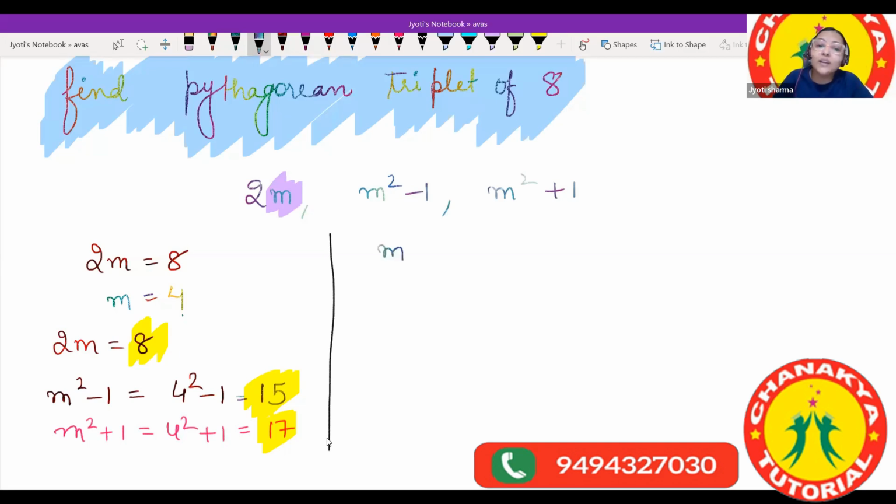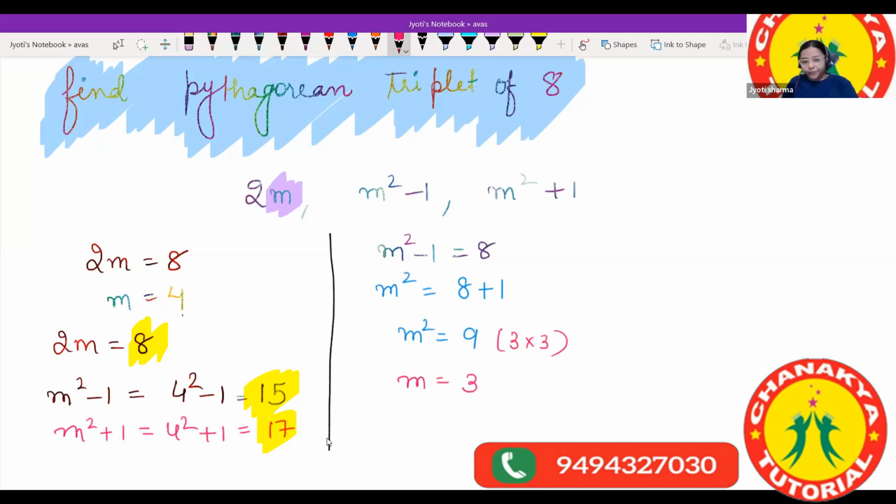Let's find it through m square minus 1. m square minus 1 is equal to 8. Now, m square is equal to 8; if you transfer minus 1 to the other side, it becomes 8 plus 1, which is 9. Now, m is equal to 3. You can write 9 as 3 into 3. So m will be 3, right?